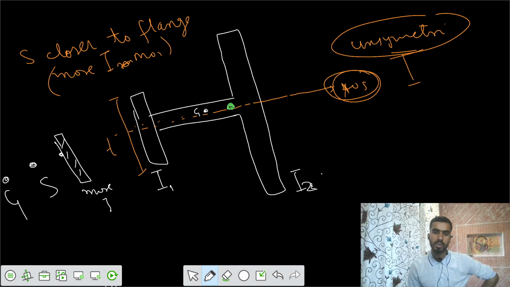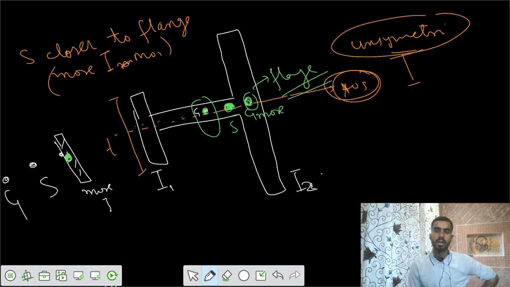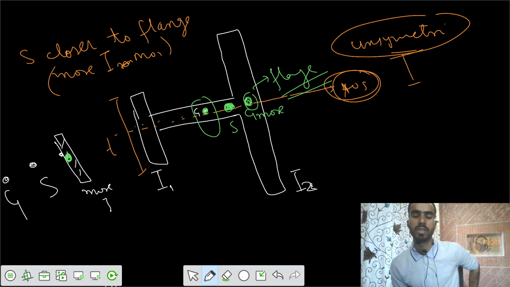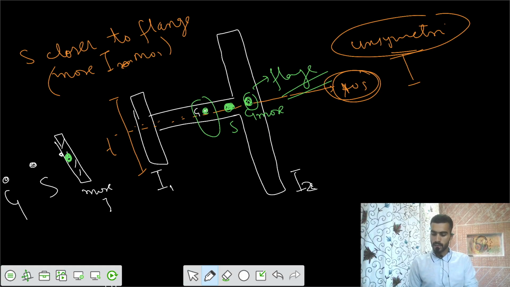Yes, between G and the CG of the section having more I. You can write G more. So your shear center is between the center of gravity of the entire section and the CG of the flange having more moment of inertia. So these are the rules for the location of shear center.